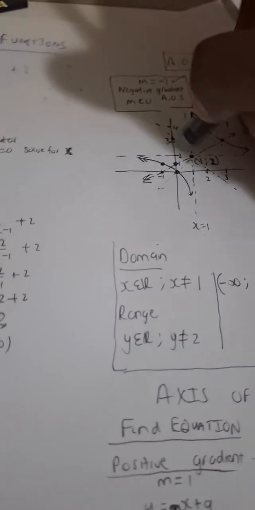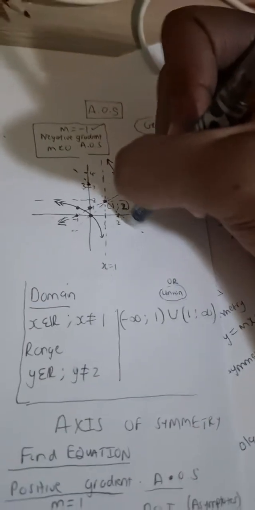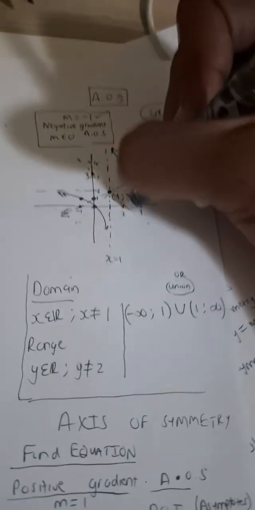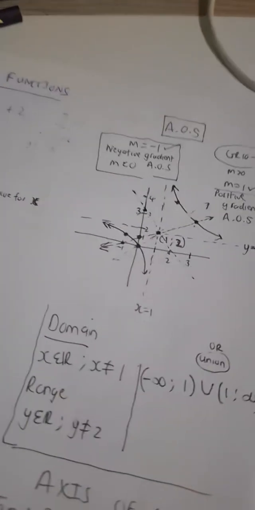This function deserves some redrawing, because in the beginning I was just drawing it roughly. But now, since I have the equation, there's no need to draw roughly. I can represent the actual graph. So this is positive 3.